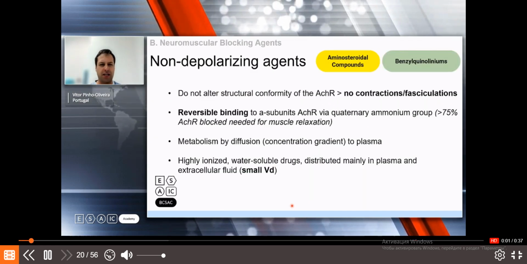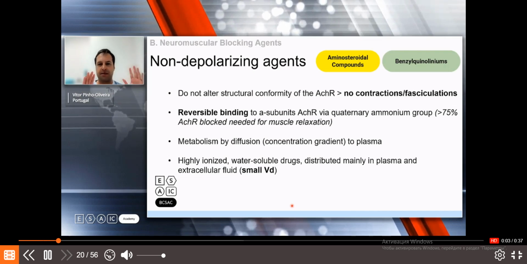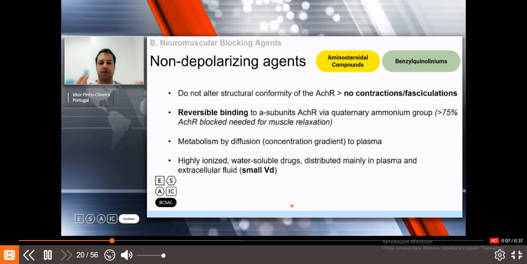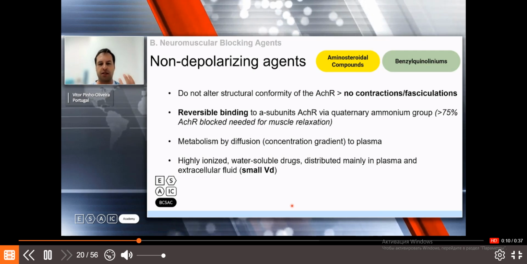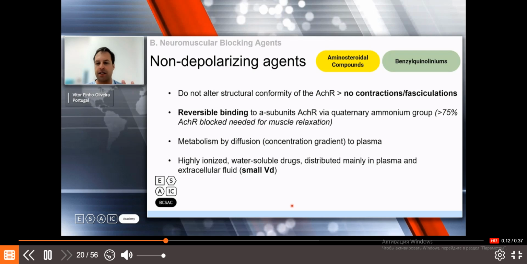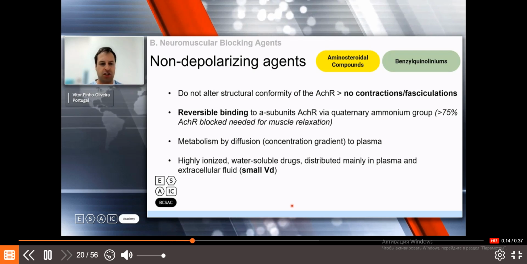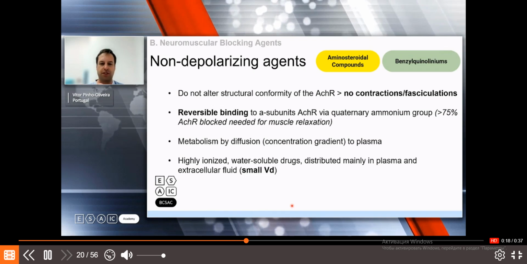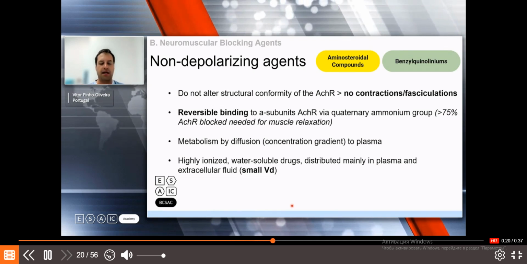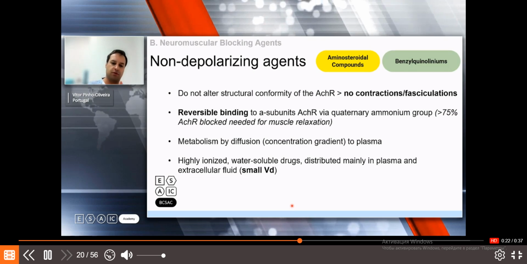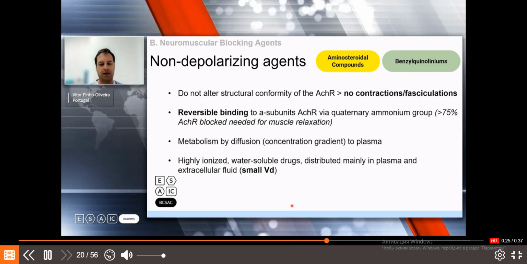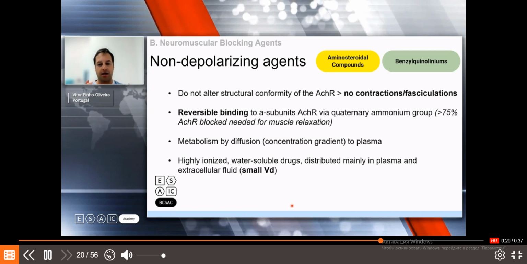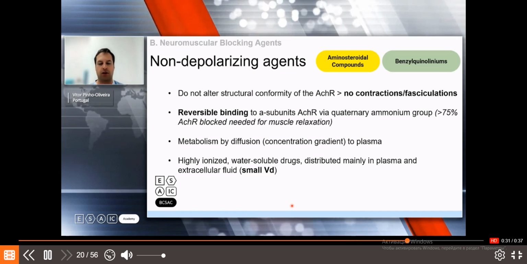The non-depolarizing agents, the two big families, the aminosteroids and the benzylisoquinolines, do not alter the conformation of the acetylcholine receptors, so we will not see any contractions or fasciculations. They have reversible binding to the alpha subunits of the receptor, and their elimination is by diffusion from the receptor to plasma, and they are highly ionized drugs with a small volume of distribution.